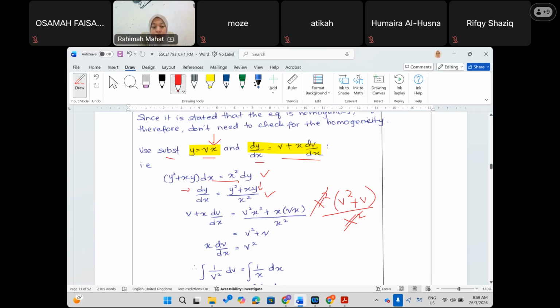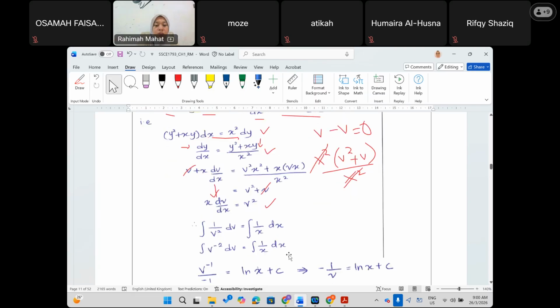And from this part, you can cancel the value of v here, because if you move to the other side, you get v minus v, and v minus v is equal to 0. So that's why you can cancel. So the balance is x dv over dx is equal to v squared. That is the equation.